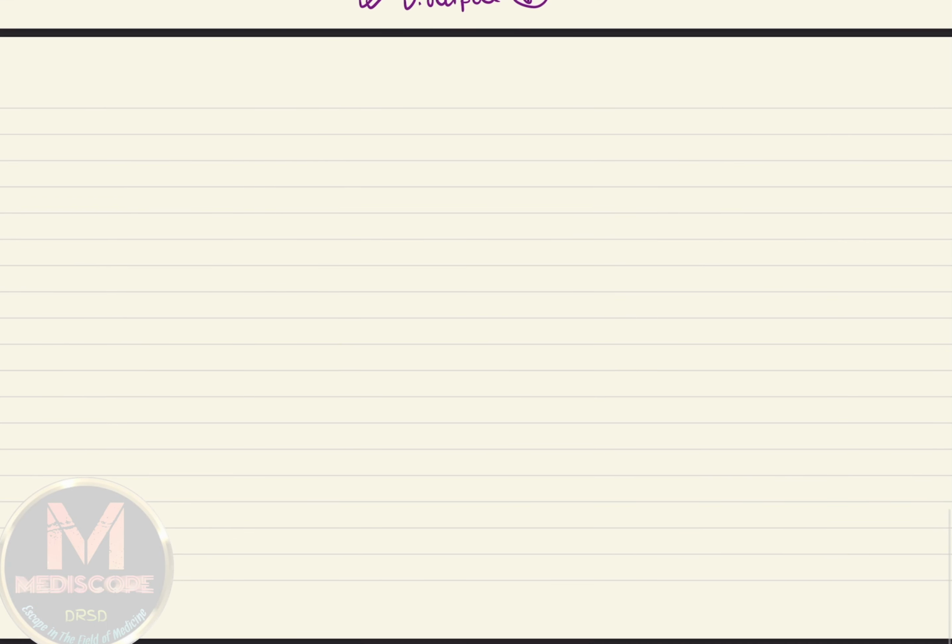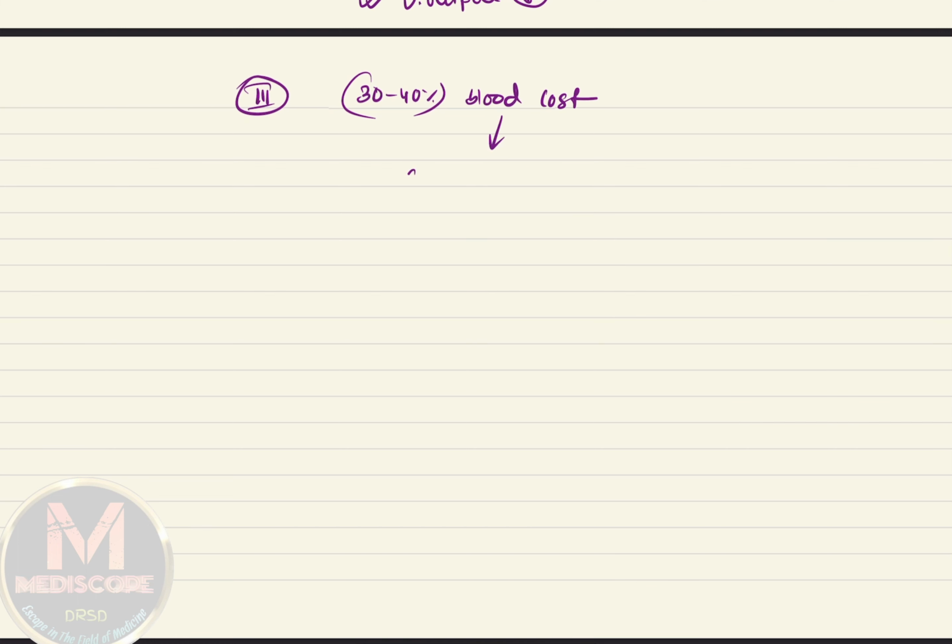Coming to class 3 hypovolemic shock. There is 30 to 40% of the blood lost, and because of this the body will try to compensate. But again I am telling, as the loss is very high, the compensatory mechanisms can't stabilize the body.